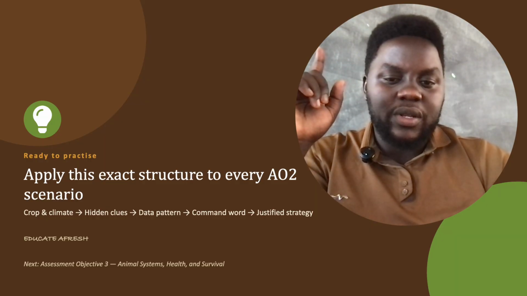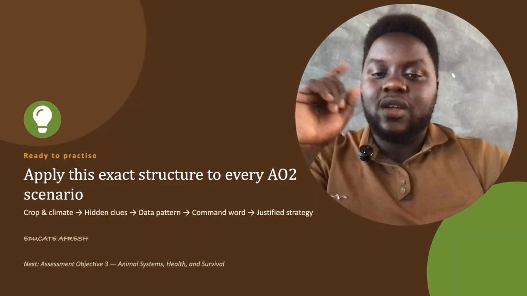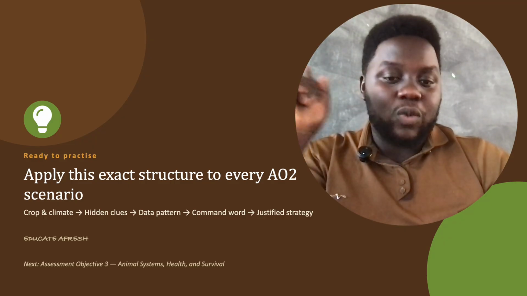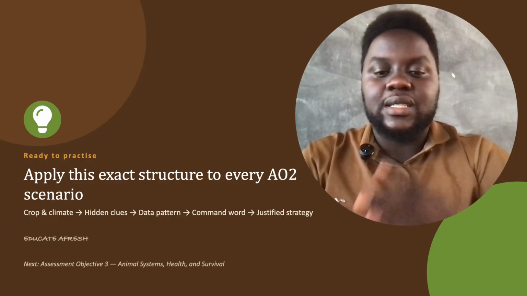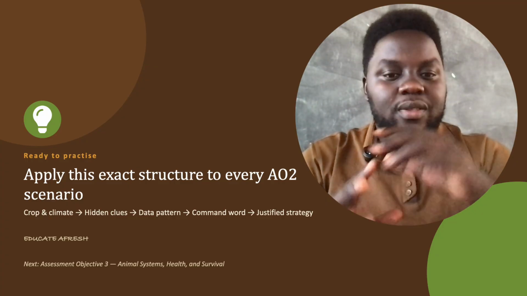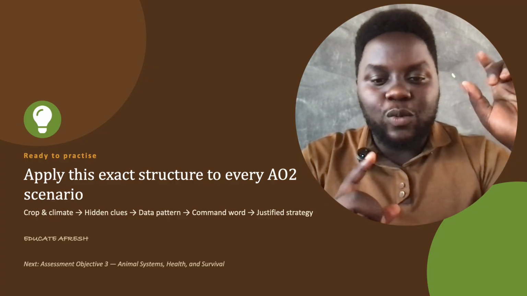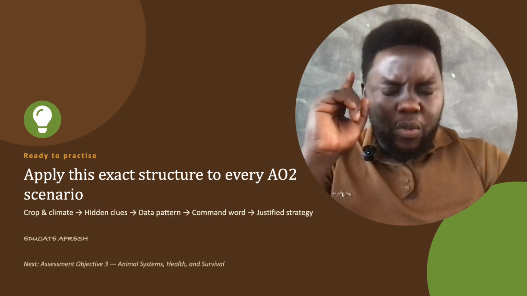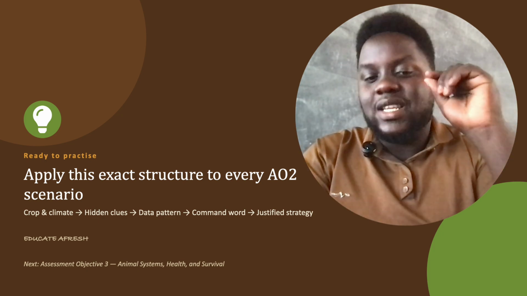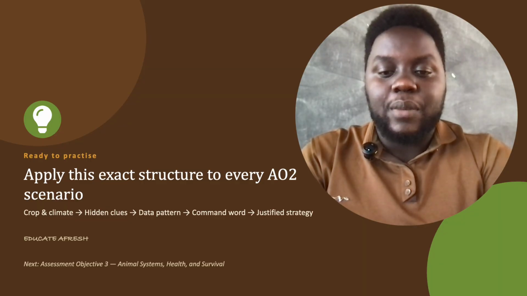Identify what you are growing and the stress that it is undergoing. Find the clues the questions are quietly giving you. Read the pattern in the data before you read the tasks. Match your answers to the depth that is required of you, the command word that is given to you. And then, if the task asks for a strategy, always include the limitation alongside the benefit.